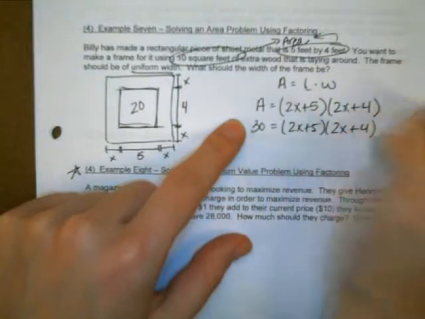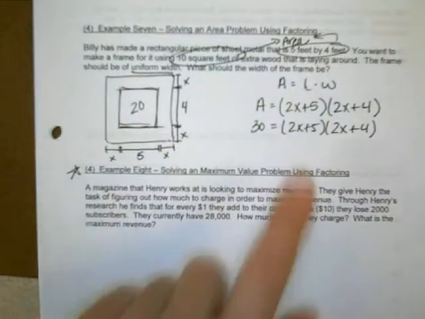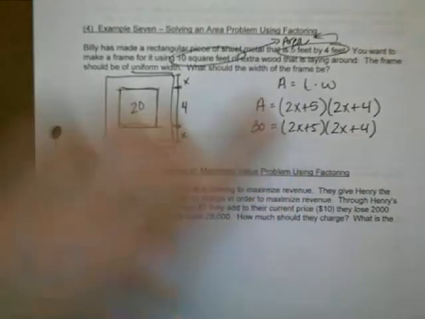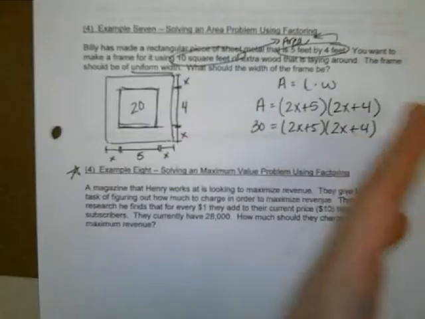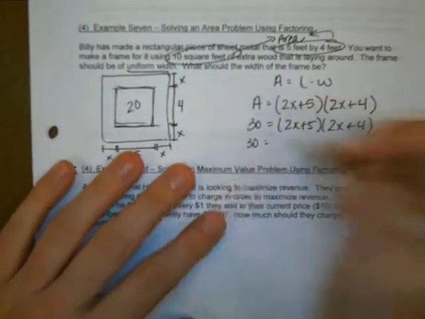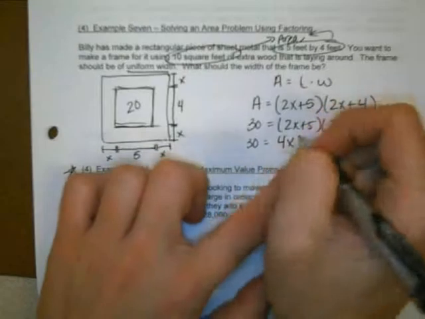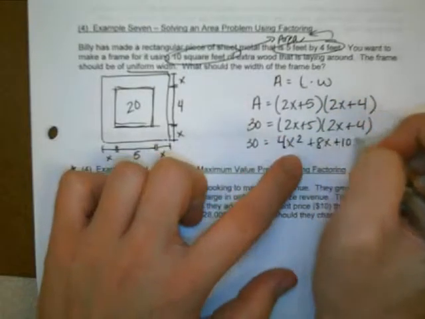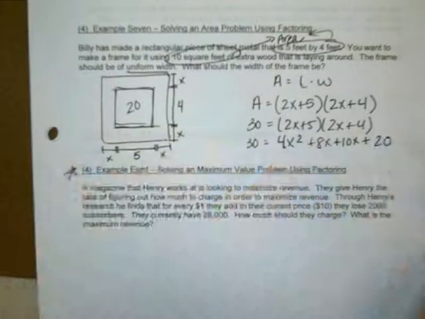Now to solve for x, I'm going to have to simplify first, because I have to get everything over to one side and equal to 0 in order to solve. So I'm going to FOIL that part out. You get 4x squared plus 8x plus 10x plus 20, and then I'm going to subtract 30.